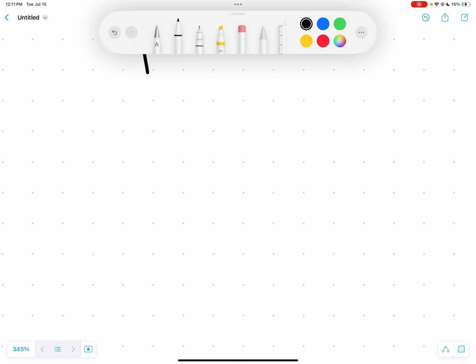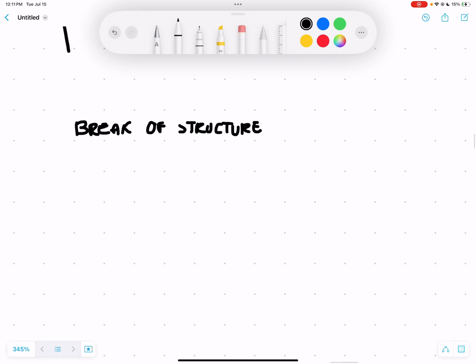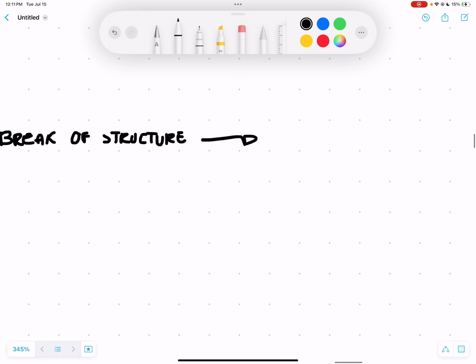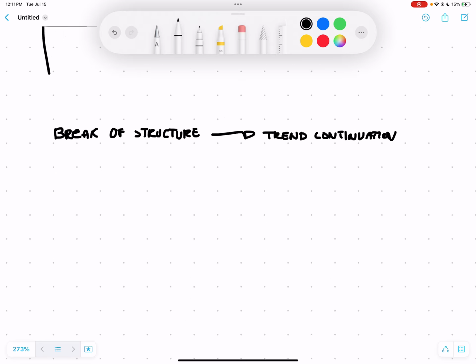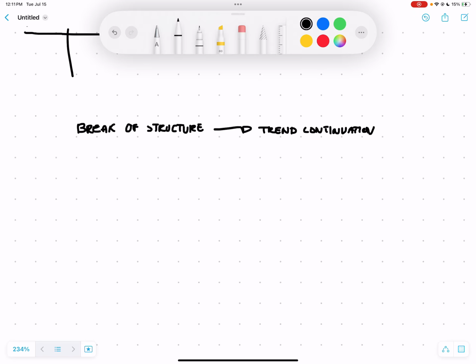Okay, so we have what's called within the market the break of structure. Break of structure basically means we have a trend continuation. So how do we note a break of structure? Let's say we're in an uptrend.